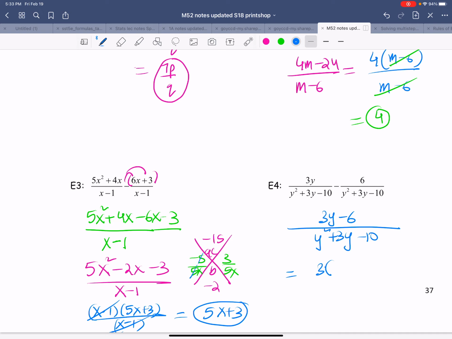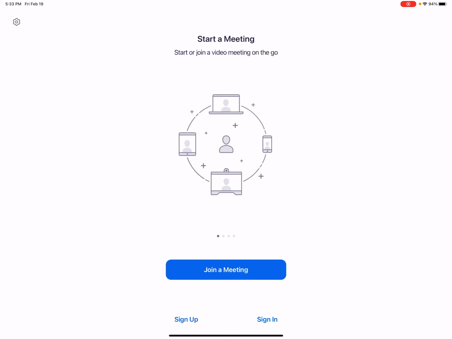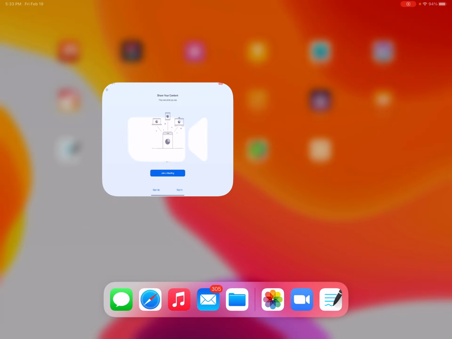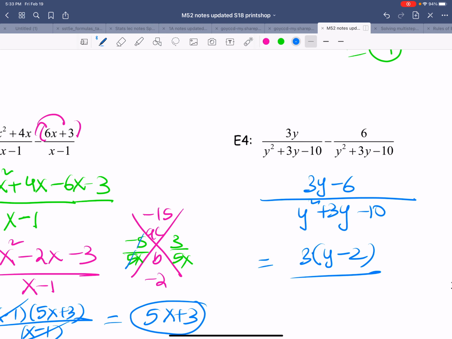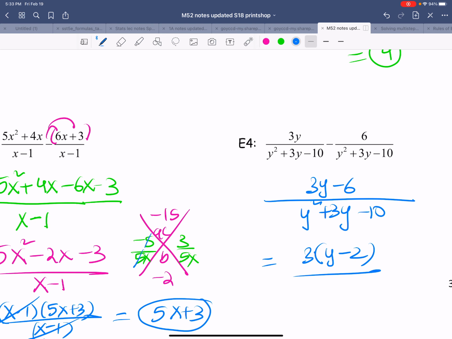Let us go ahead, and it looks like I can factor the numerator here, and I can also factor the denominator, which would be y squared plus 3y minus 10. Two numbers that multiply to give you negative 10 and add up to give you positive 3 are y plus 5 and y minus 2. There is a common factor between numerator and denominator. 3 over y plus 5 is what we're left with.